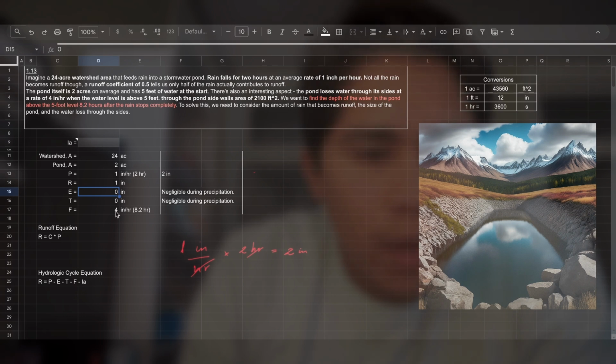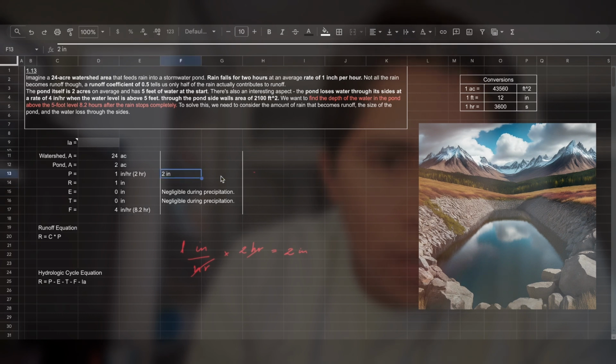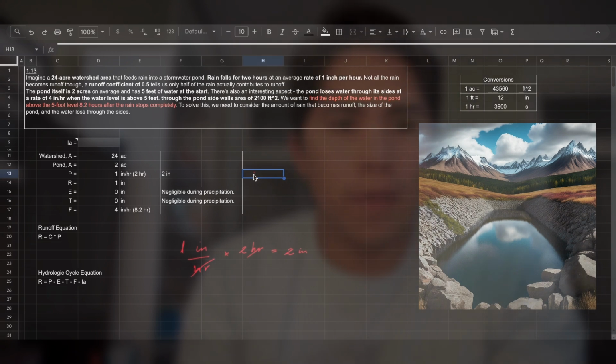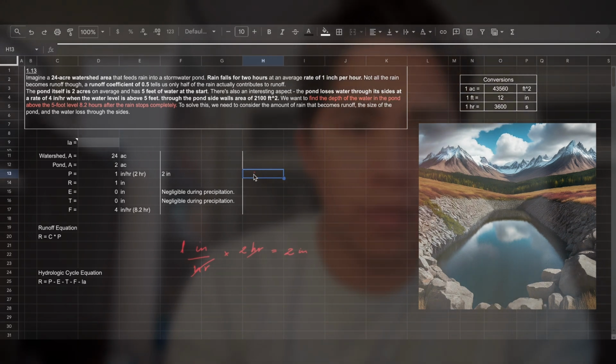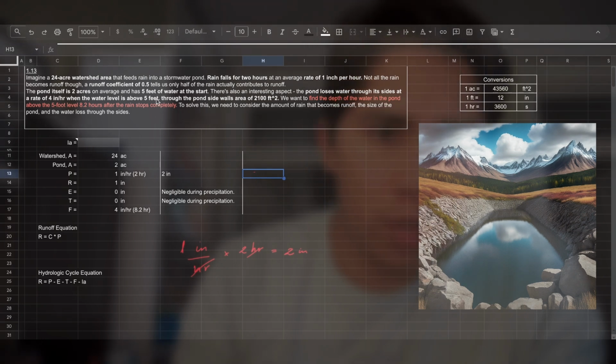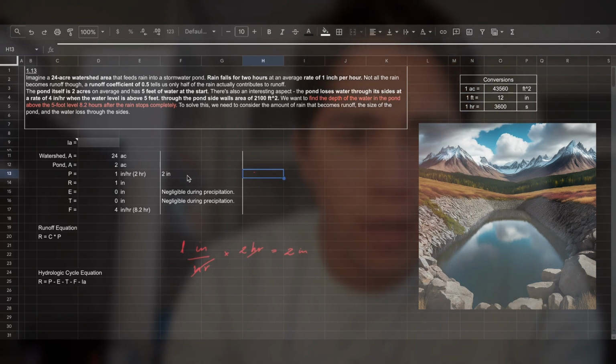And we are given that the infiltration is 4 inches per hour for 8.2 hours. So let's say we have this in inches. Let's convert this from inches to feet so we can give a final answer in feet instead of inches, since we are using feet for the given depth of the water in the pond.